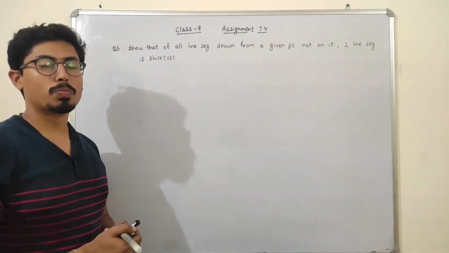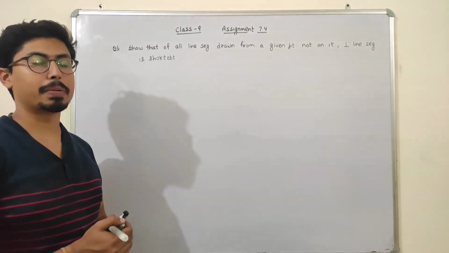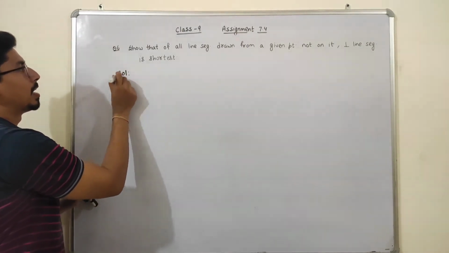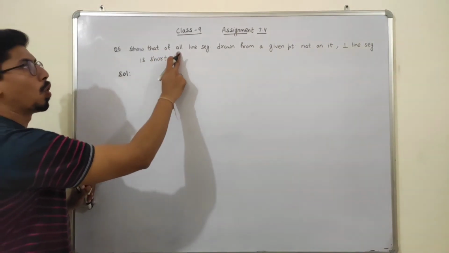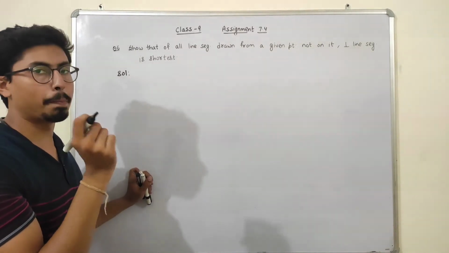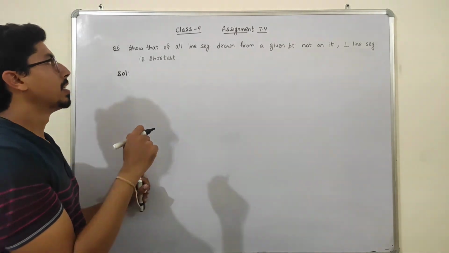Okay students, so moving forward to the last question of this assignment, that is question number 6. Show that of all line segments drawn from a given point not on a line, the perpendicular is the shortest.